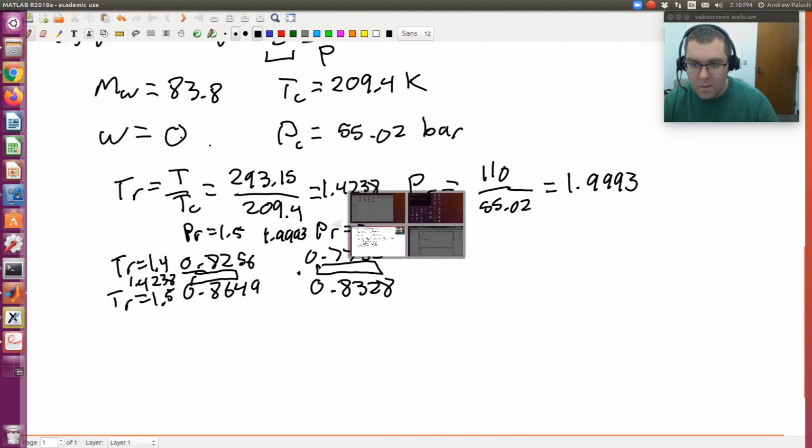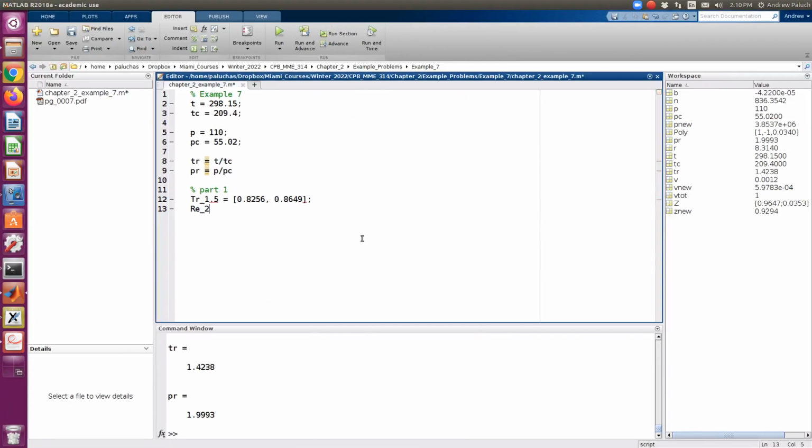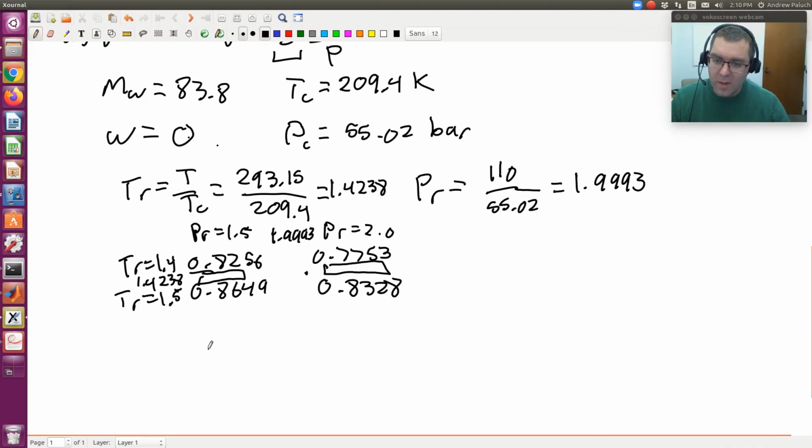And then this other column where I have reduced pressure of 2. Okay, that's 0.7753, 0.8328. Alright, so I'm going to interpolate in both of these columns for my desired reduced temperature of 1.4238.